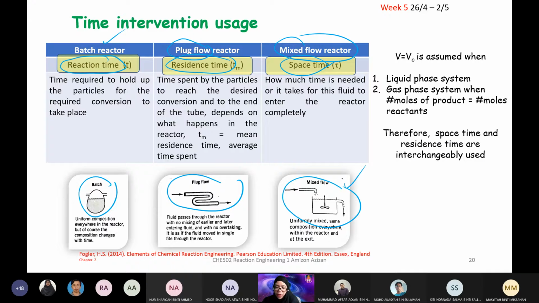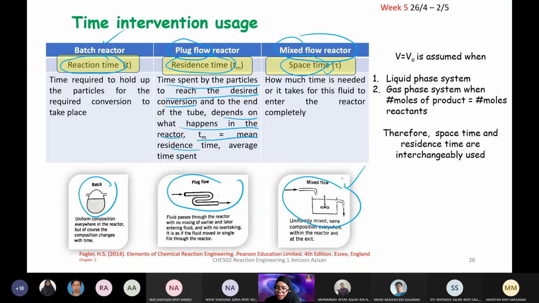If you read residence time, it is the time spent by the particles to reach the desired conversion, which depends on what happens in the reactor. So it is the time needed to reach a certain conversion.